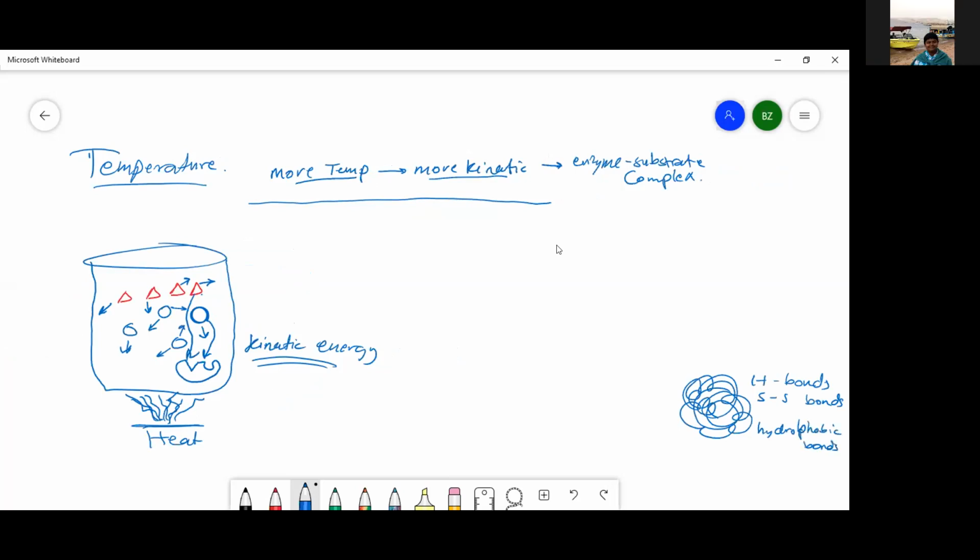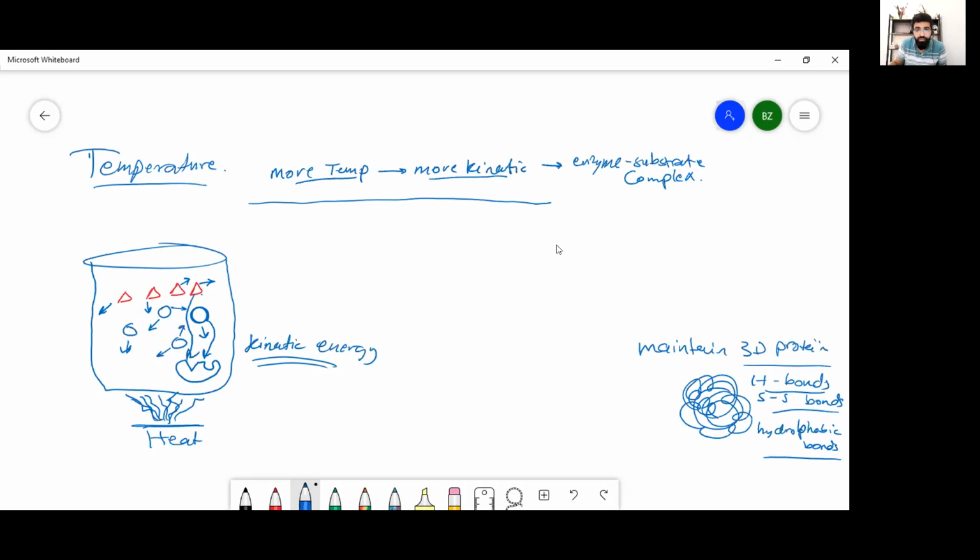So what are SS bonds? Sulfur bonds. These are the main bonds which maintain the 3D protein, such as an enzyme.